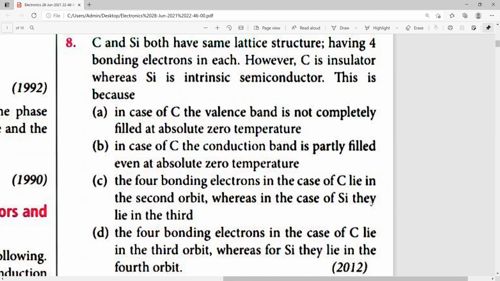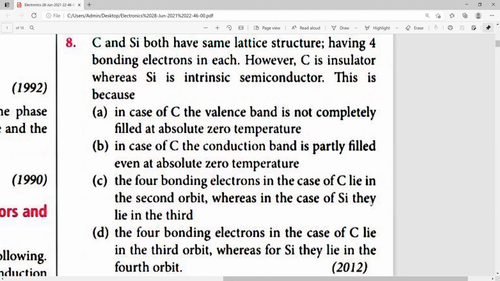Eighth one, carbon and silicon both have the same lattice structure having 4 bonding electrons in each. However, carbon is an insulator whereas silicon is an intrinsic semiconductor. This is because of: First option, in case of carbon, valence band is not completely filled at absolute zero temperature.